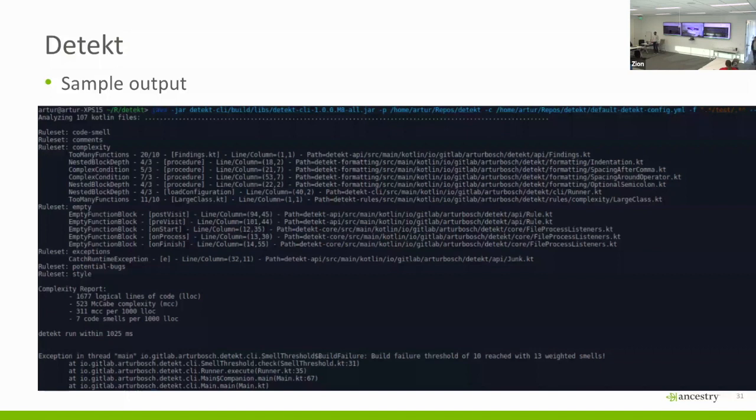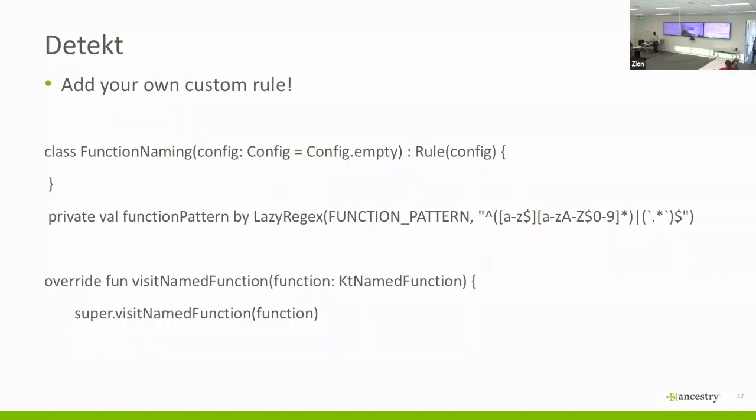So can you extend detekt? Is it configurable? The answer is yes. You can write your own custom rule. Let's say you wanted to write a custom rule for how a function should be named. All you have to do is extend the rule class, which comes from the detekt core API, and then give it a pattern, a regex, and then you can override the visitNamedFunction method from the rule base class.